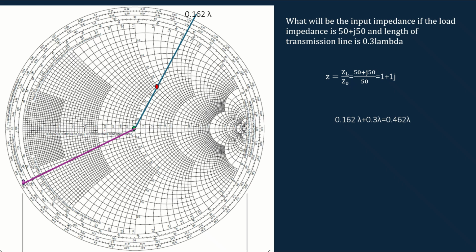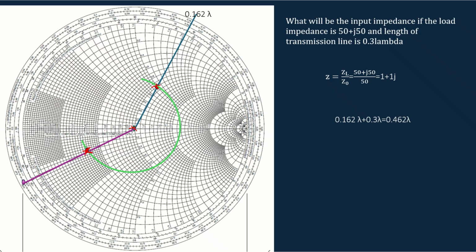The next step is to draw a circle with this point as the center and this point as the radius. If you draw the circle, you can see that this circle and this line intersect at a point. So this is your desired input impedance.